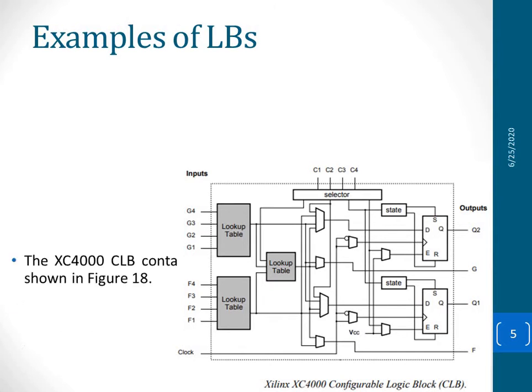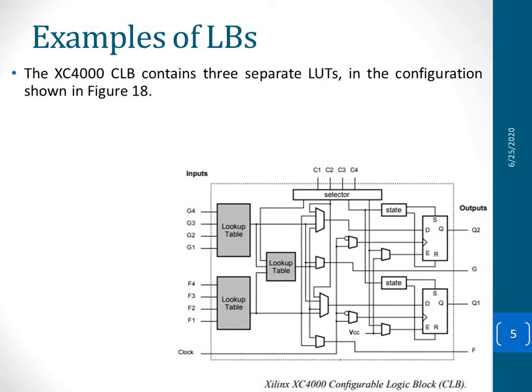So the examples of commercial logic blocks, first we consider the Xilinx device XC4000. This XC4000 configurable logic block contains 3 separate lookup tables. You can see here this is 1, 2 and 3.